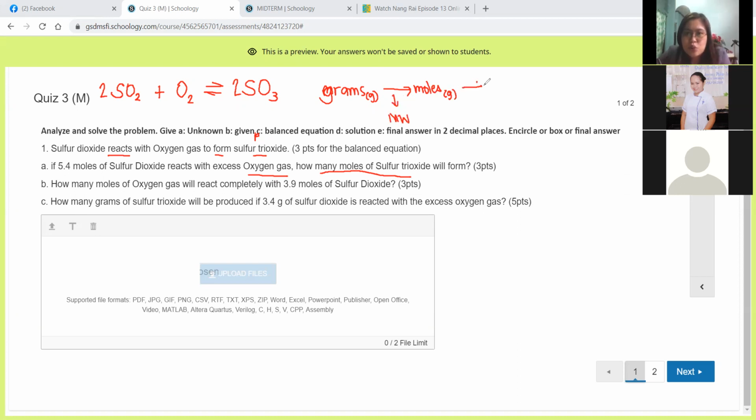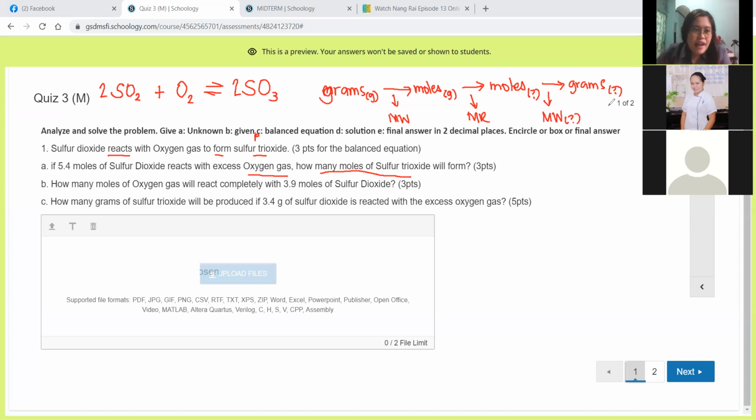If you want to look for the moles of the unknown, you need the mole ratio. And if the question is asking for the amount in grams, then you convert moles to grams using again the molecular weight of the unknown.